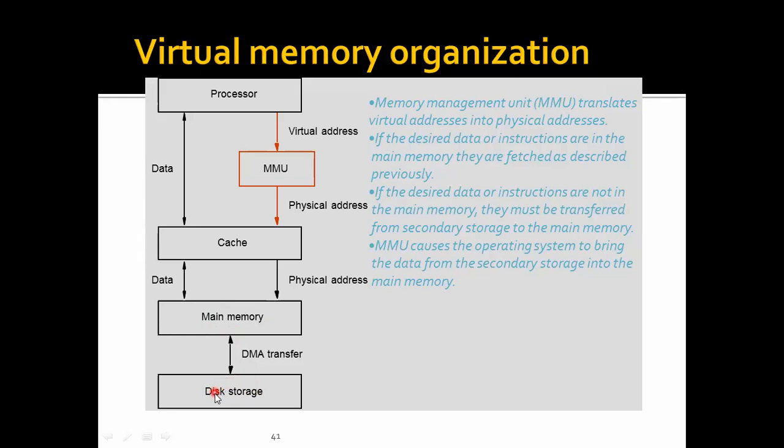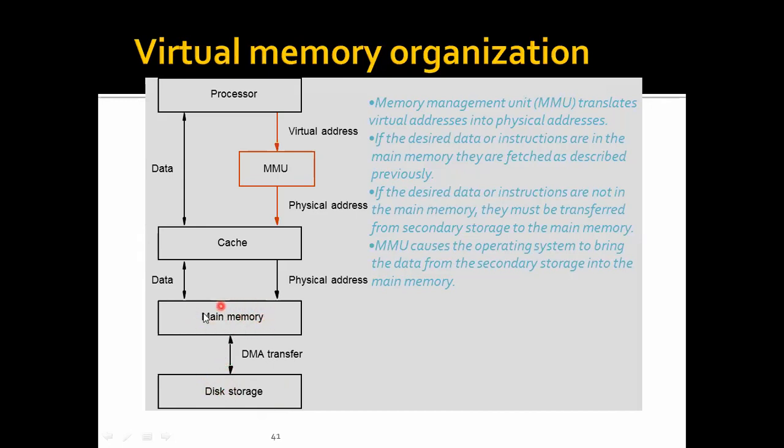Suppose for main memory, hardly a maximum of 16 GB RAM will be considered. For disk storage we take 1 terabyte or 2 terabytes. That means the size of the disk storage will be very high compared to the main memory.